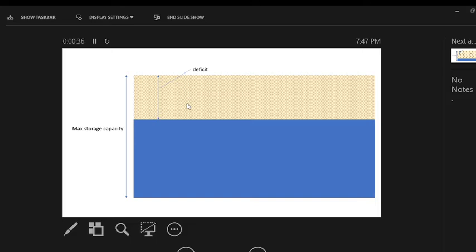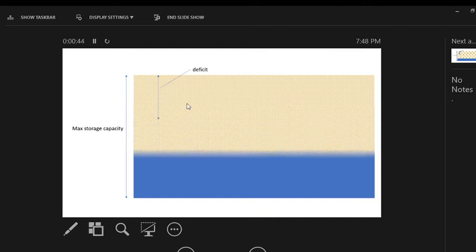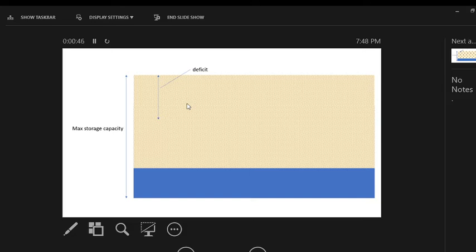If we have a deficit of 0, it means that we have no storage capacity left, or that the soil is fully saturated. Now, what can happen in between events where we have no rainfall is that the evapotranspiration process begins to take place, and so some of the water that got into the soil layer is being removed, which means that the level of the water drops, and we now have a greater deficit.